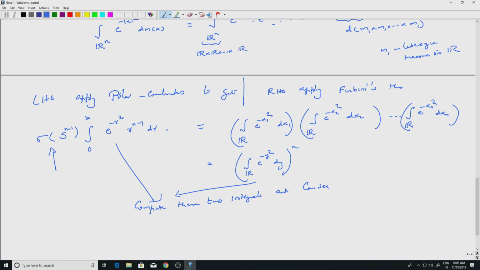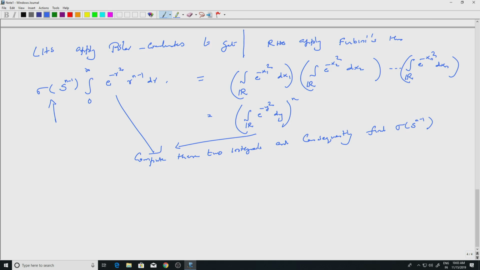Consequently, find the total measure of S^(n-1). You can check that it agrees with whatever you know in R^2. For example, if I look at R^2, I have the circle, and the measure of the circle with respect to sigma, so this will be S^1. Sigma of S^1 by definition is n times the Lebesgue measure of the sector, here 2 times. The sector is the whole unit ball in R^2.